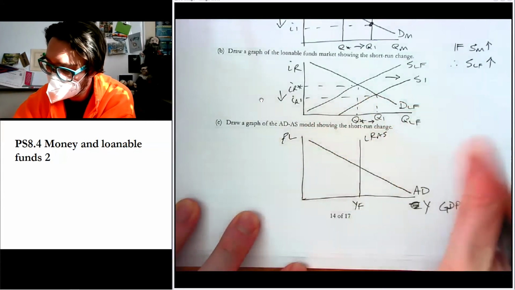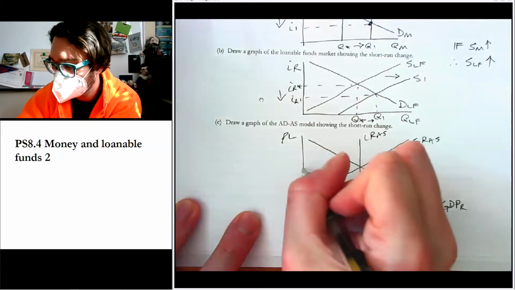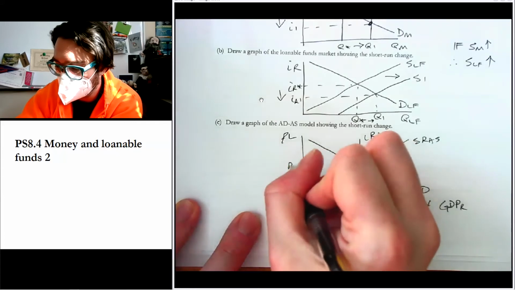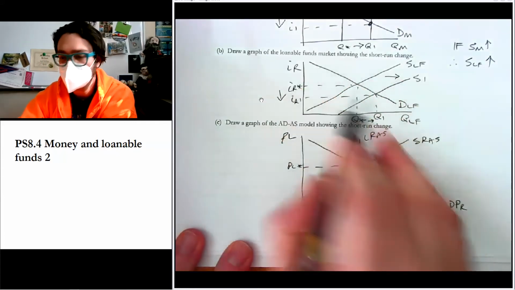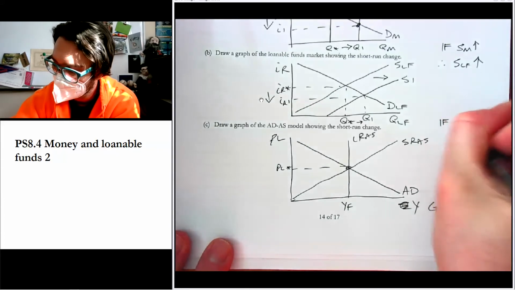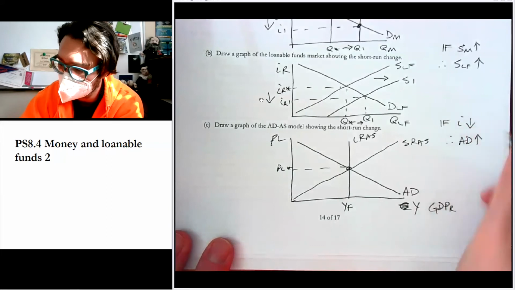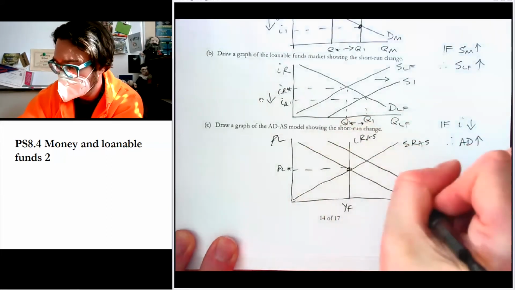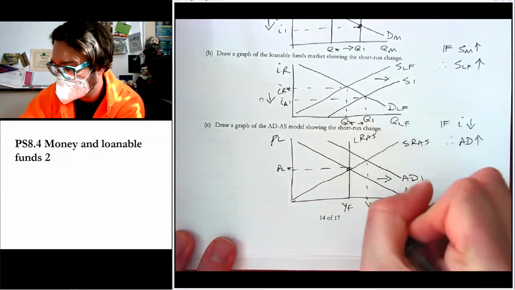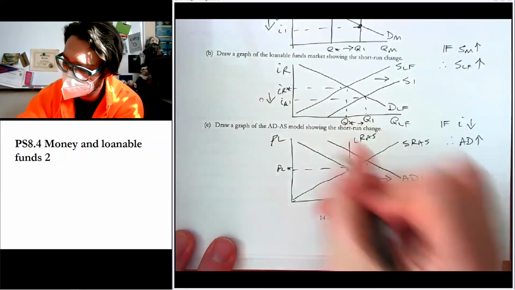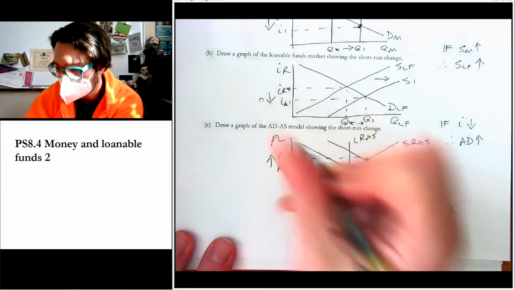So aggregate demand, short run aggregate supply, and a given level of prices. Now what's going to happen if the real interest rate falls? If the interest rate goes down, therefore aggregate demand will go up. At this point, we should be getting pretty good at seeing those shifters. So we push aggregate demand out, and we push price levels up.